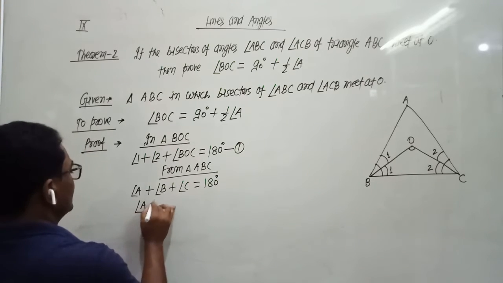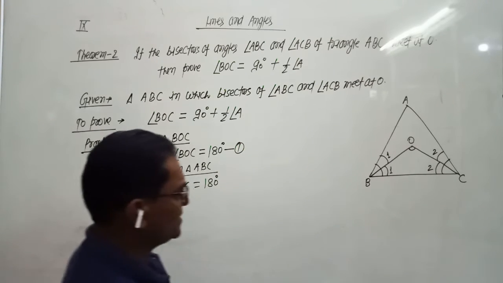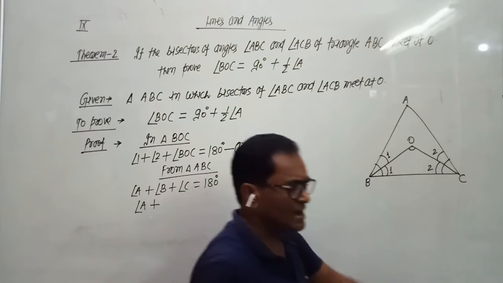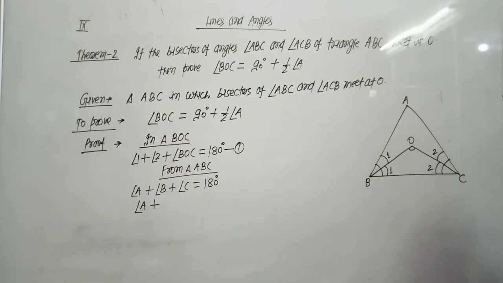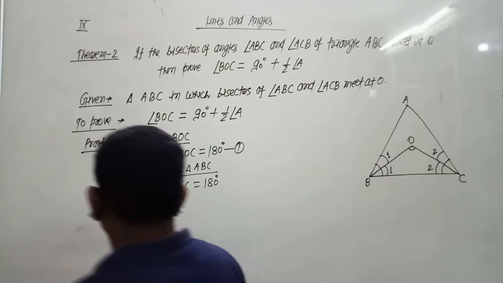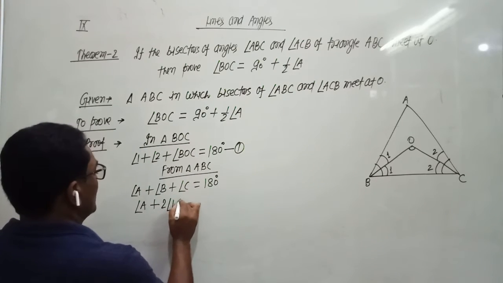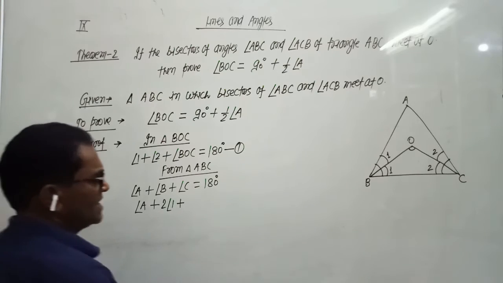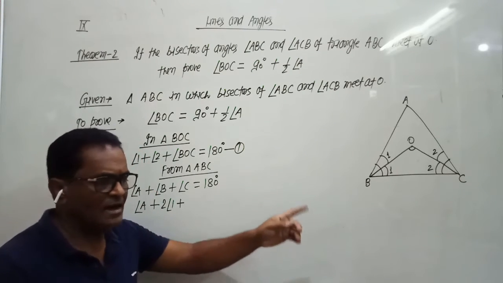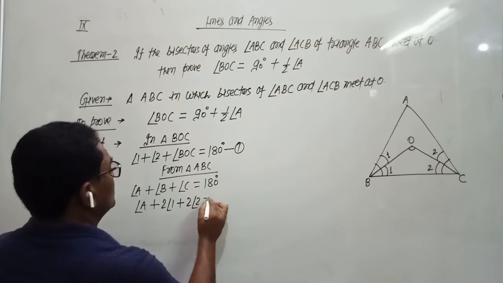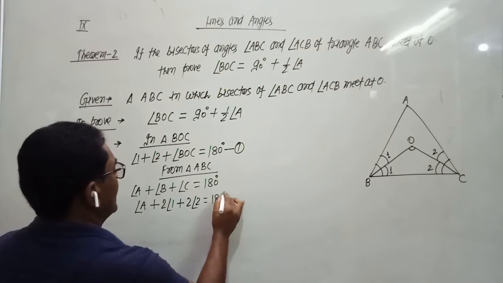Angle A as it is, whole angle B can be written as angle 1 plus angle 1, which is equal to twice angle 1. So in place of angle B we write twice angle 1, and angle C is angle 2 plus angle 2, which is twice angle 2, equals 180 degrees.